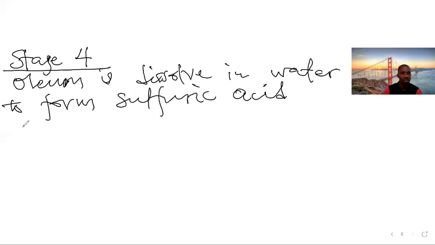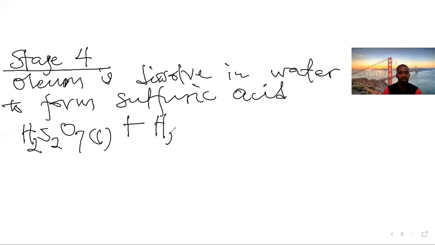Okay, so let's write the equation for each stage. I told you we need to write the equation for each stage. That's your oleum, and we told you it's an oily liquid. You dissolve in water, H2O, liquid.